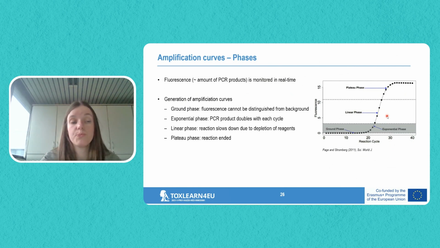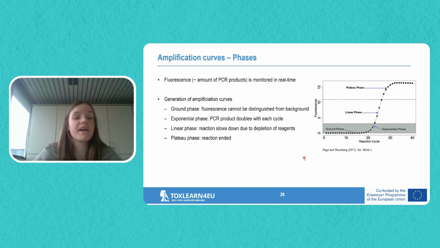Then when you perform a qPCR experiment, what the device will generate for you are so-called amplification curves. So as I mentioned, regardless of which probe you use, what will happen is that the probe starts to emit fluorescence with amplification of your specific PCR product throughout the different cycles of the PCR reaction.